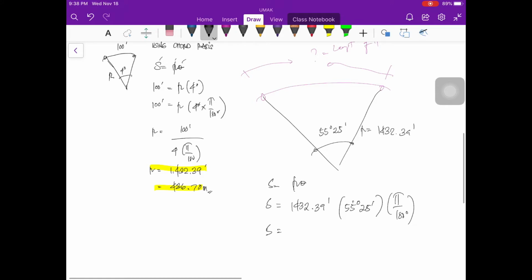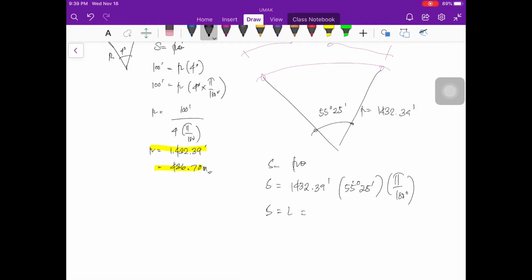So the length of the arc, or the L, is equal to 1432.39 times 55 degrees and 25 minutes times pi all over 180. So the value of the length of the curve, if you compute it, is 1385.42.